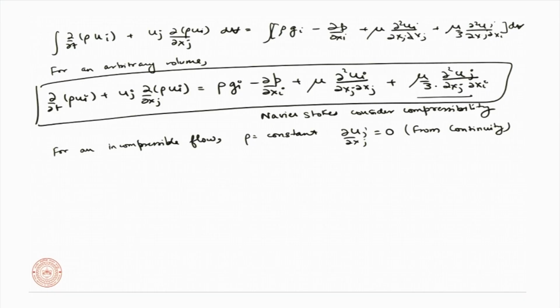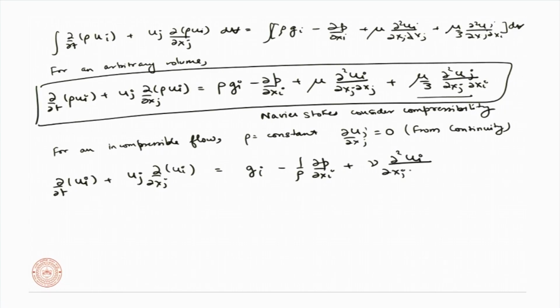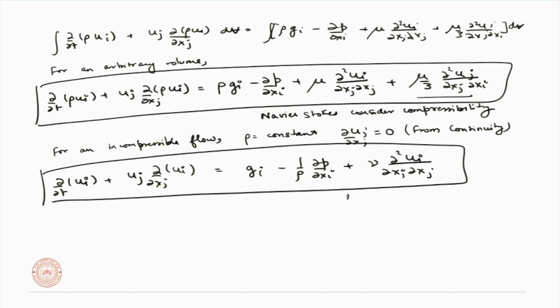So, this term becomes 0, and what we will get is del by del t of ui plus uj del by del xj of rho ui equals rho gi minus 1 by rho del p by del xi plus mu over rho, which is nu, the kinematic viscosity, del square ui by del xj del xj, and this is the Navier-Stokes equation for incompressible flow.